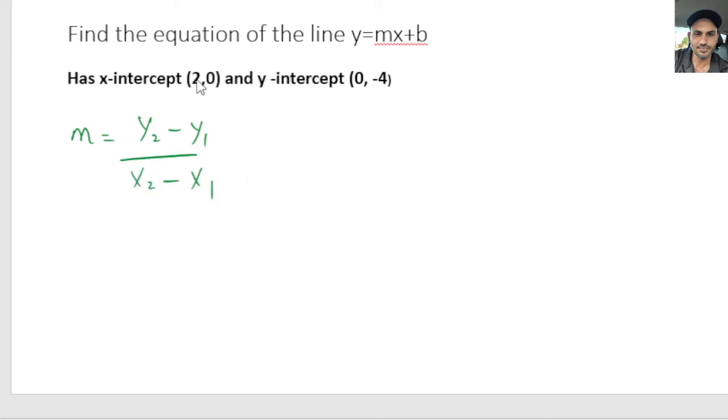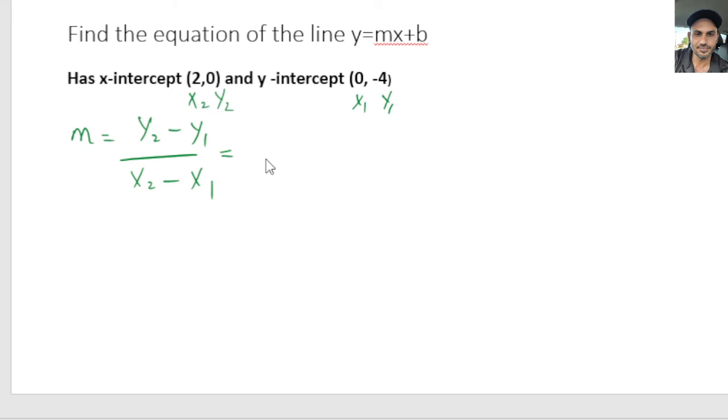So if you look at these 2 points, the smaller y value, the x value is actually this right here. This is x1, this is y1 then, and this is x2, and this is y2. Okay, so the x1 is the smaller x value and the y1 is the corresponding y value to that x1. Now we go ahead and plug in these values.